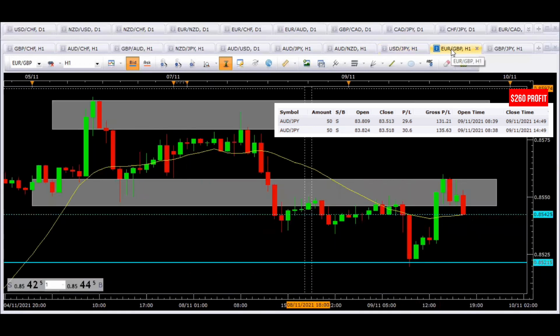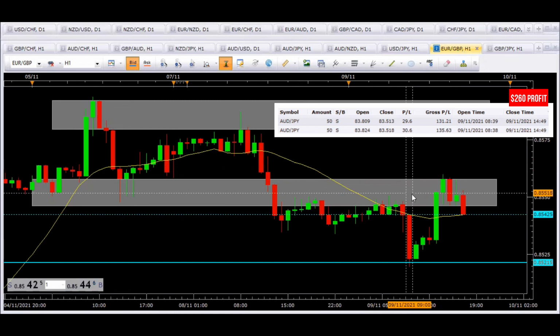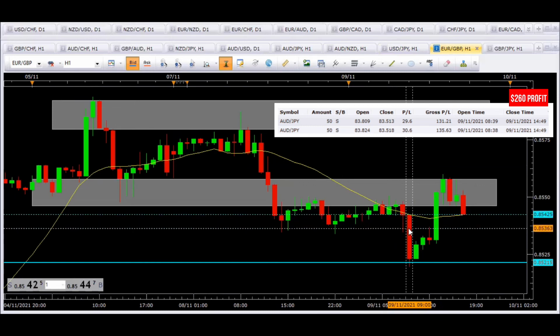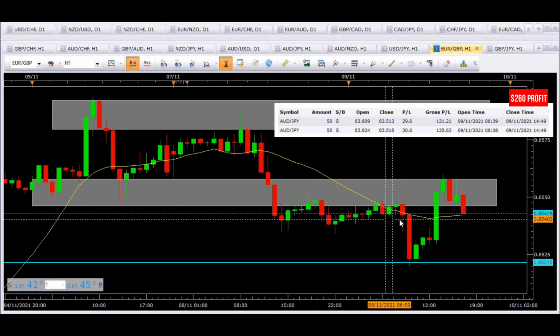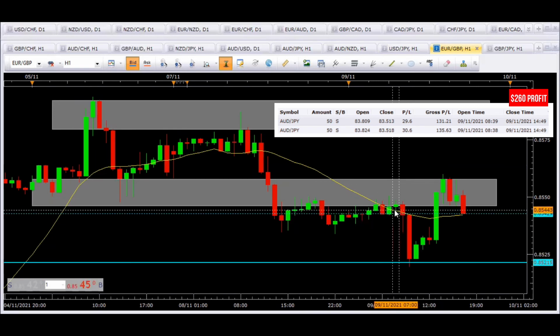And finally, the fourth trade I was looking at was the euro against the pound. We didn't really get a bearish candle until this candle, which happened at 9 o'clock GMT, but it came straight down and hit our target. We didn't have an opportunity to get into this trade.